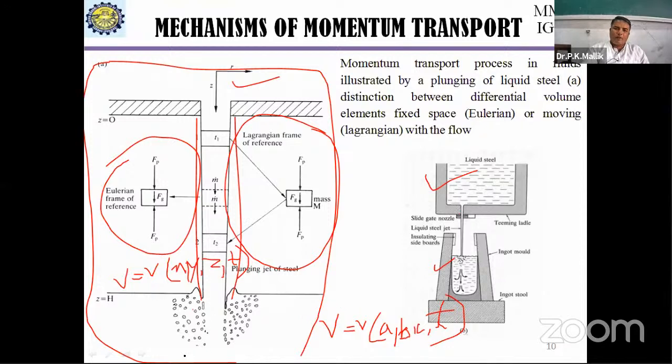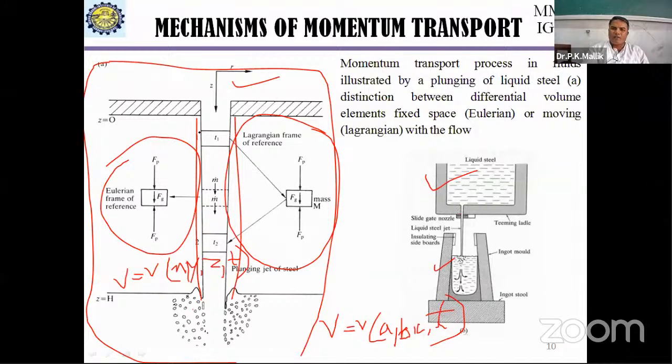For a particular point, you can write x1, y1, z1, and t1. Similarly, you can write x2, y2, z2, and t2. So this gives the velocity of the fluid at that location at time t1 or t2.